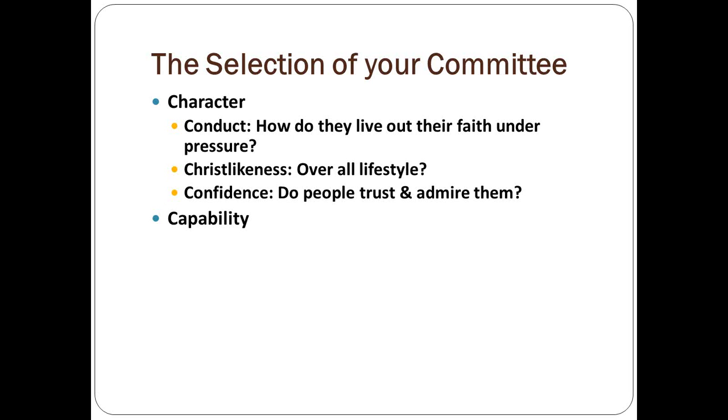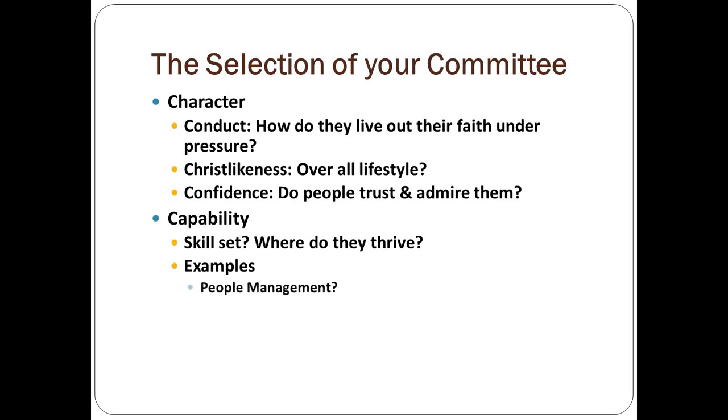It is important that we look not only at their character, but their capability. What skill sets do they have? Where do they thrive? One example of approach to this is their people management.